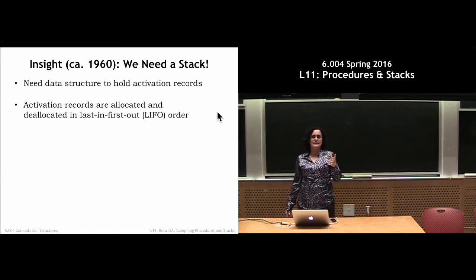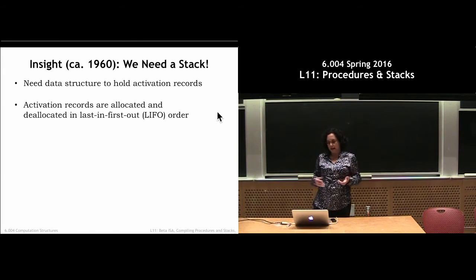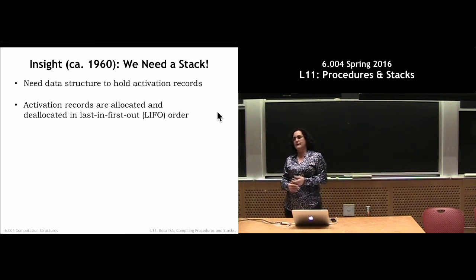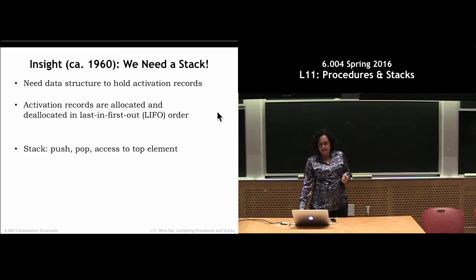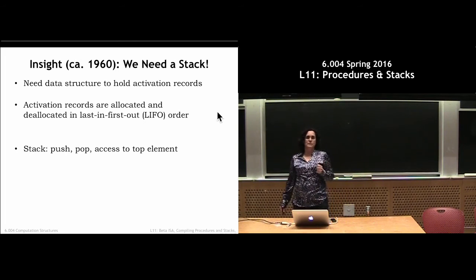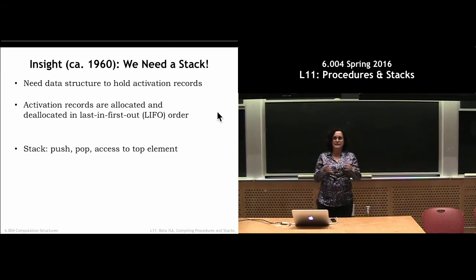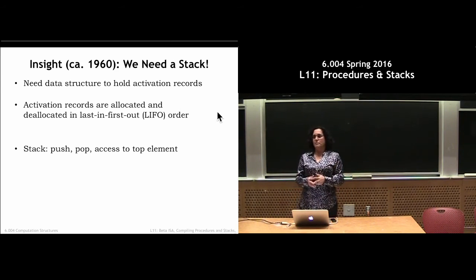So that suggests that we need some new kind of data structure that enables dealing with data in that way, okay? And that data structure is a stack, okay? So basically the way that a stack works is it's a portion of memory, and you have 2 main operations that you use in order to deal with the stack.